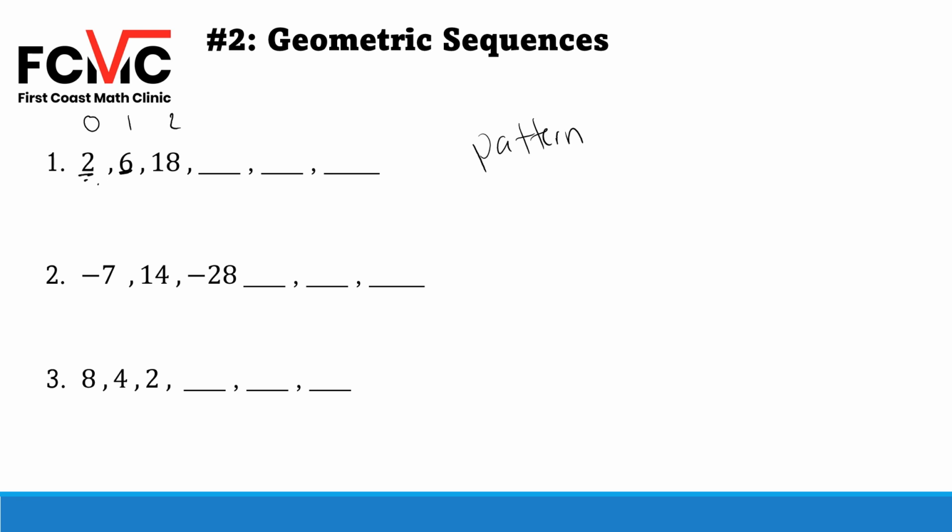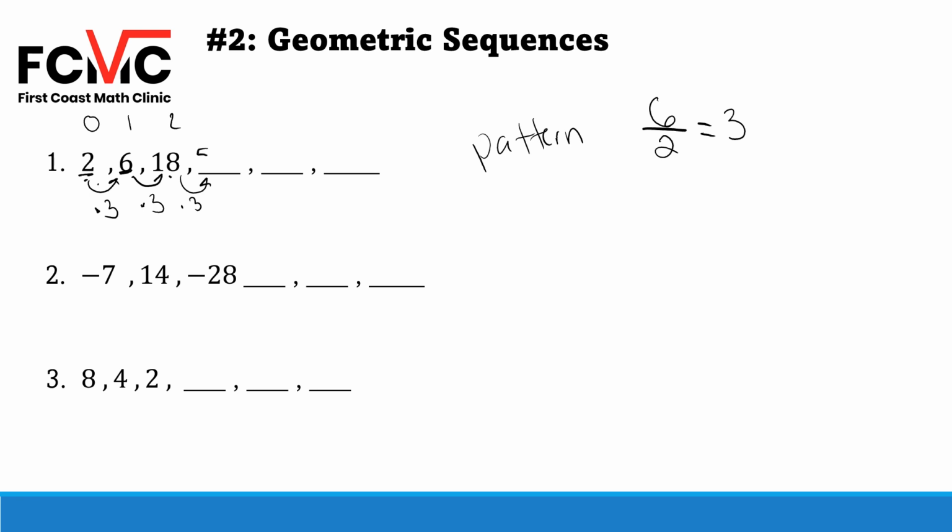If we divide 6 by 2, we get 3, and that's our pattern. So 2 times 3 is 6, 6 times 3 is 18, and then we'll just continue that pattern.